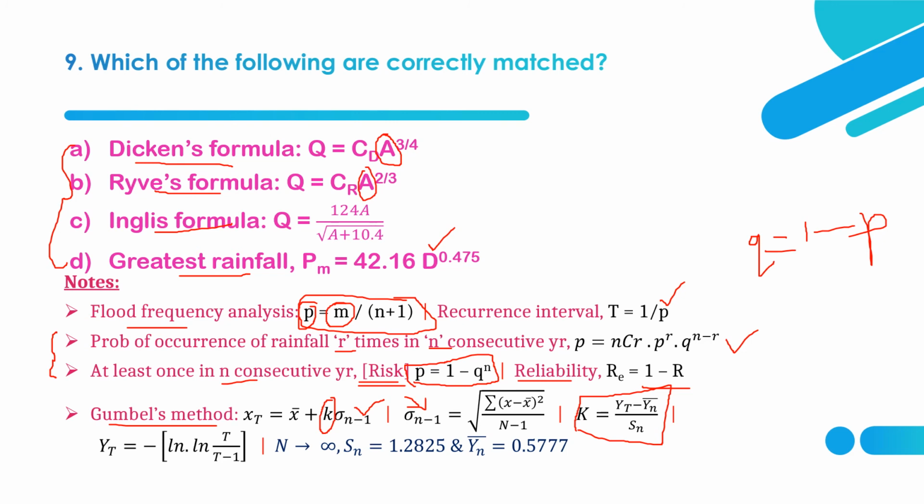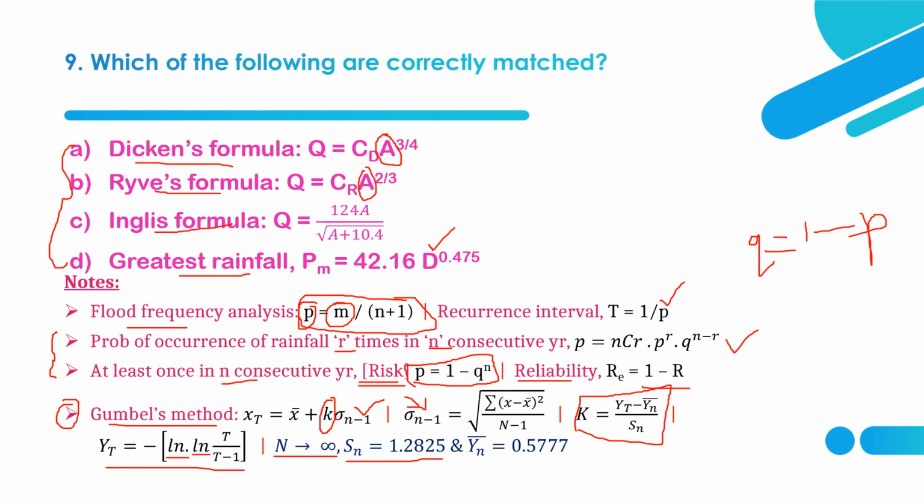Yt value is minus natural log of natural log t by t minus 1, where t is the recurrence interval. When n tends to infinity, we get sn value as 1.2825 and yn bar as 0.5777. So these are the terms involved in Gumbel's method.